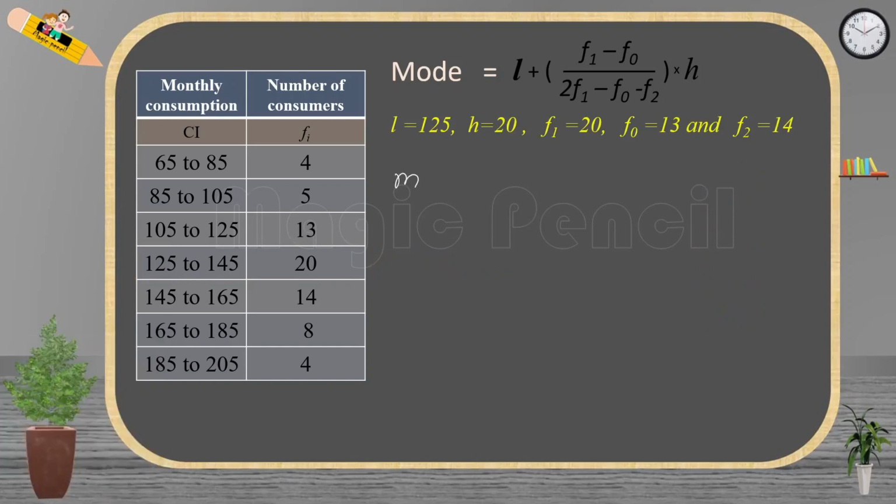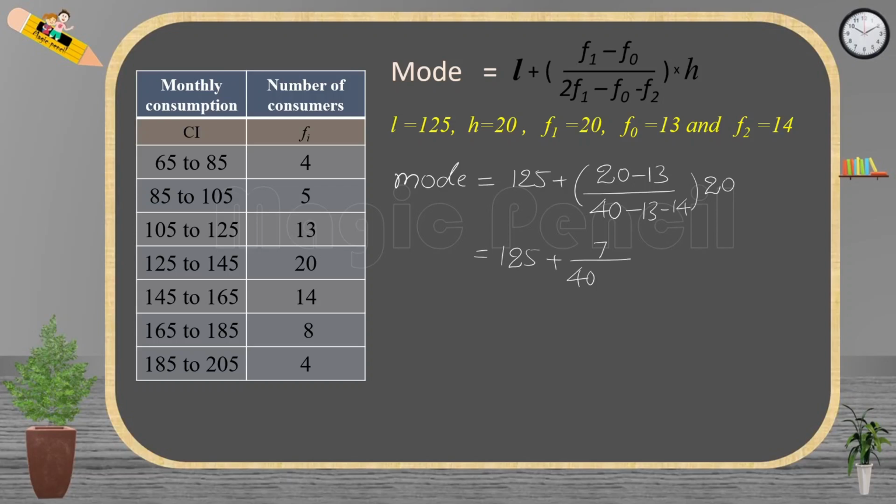So mode is equal to L plus (F1 minus F0) by (2 into F1 minus F0 minus F2) into height of the class. Here L is 125, F1 is 20, F0 is 13, F2 is 14, and the class height is 20. So 125 plus (20 minus 13 is 7) by (2 into 20 is 40, minus 13, minus 14) into 20.